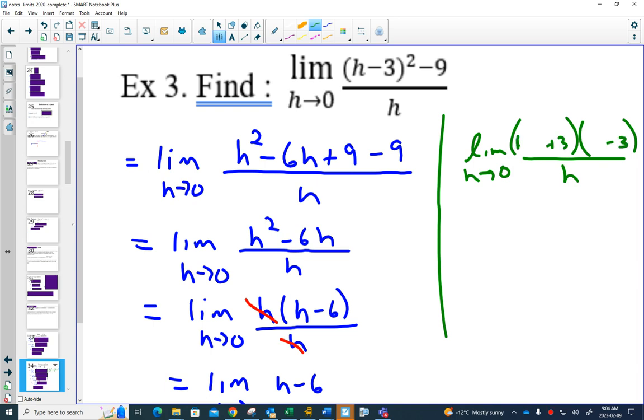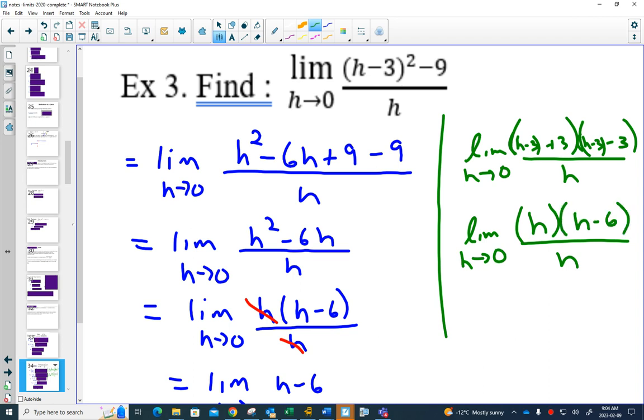But the first thing would be h minus 3 and h minus 3. I can put that in little brackets if you like. Can you see that as a difference of squares? Something plus 3, something minus 3. And if I now simplify this one, it would just become h. And this one, minus 3 minus 3, is h minus 6. And we've gotten to this step a different way.